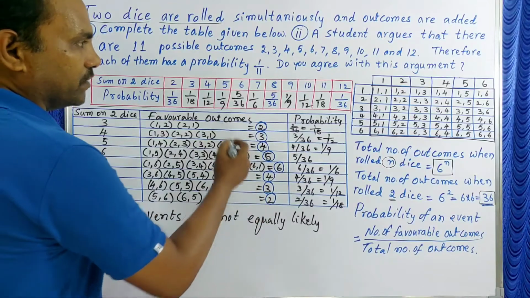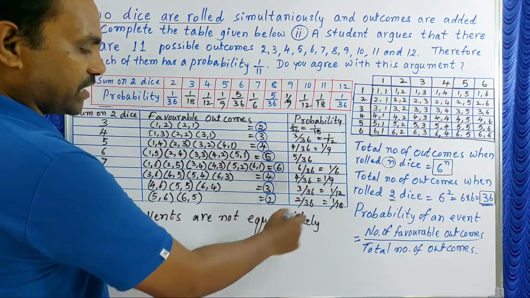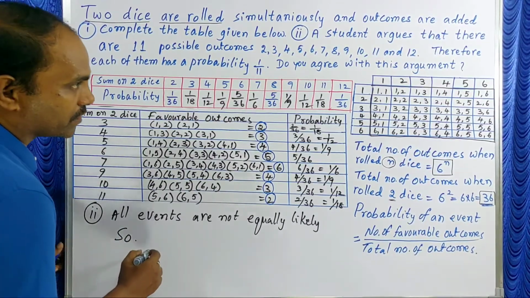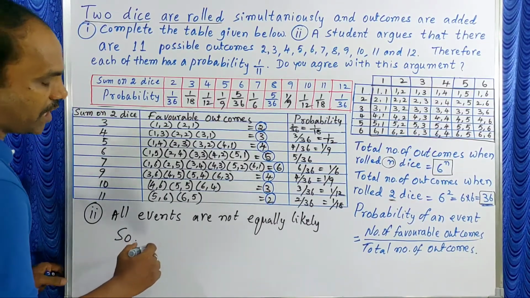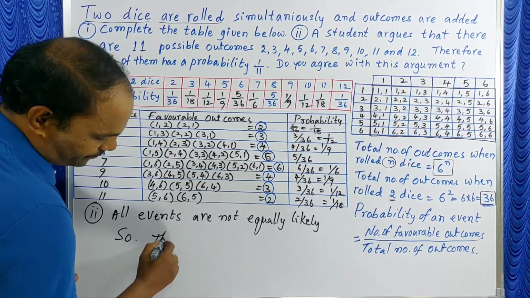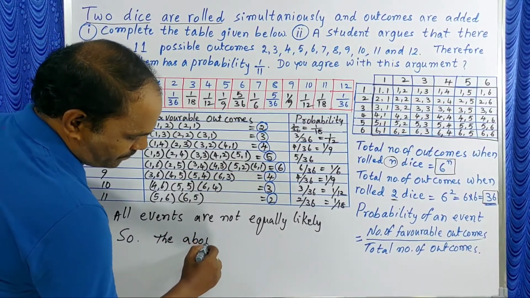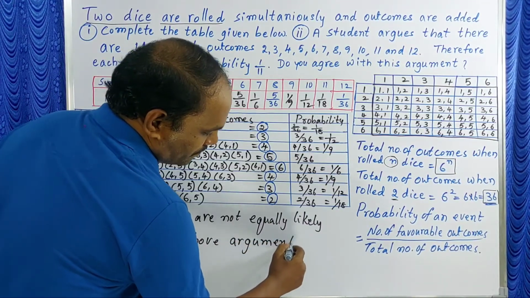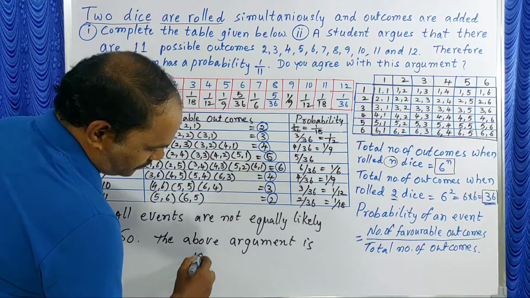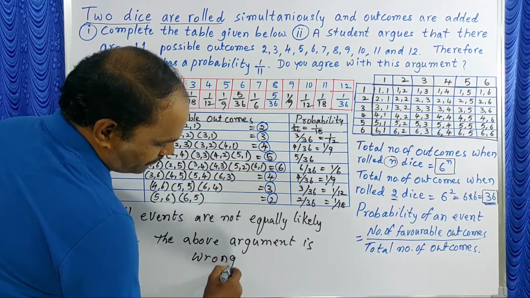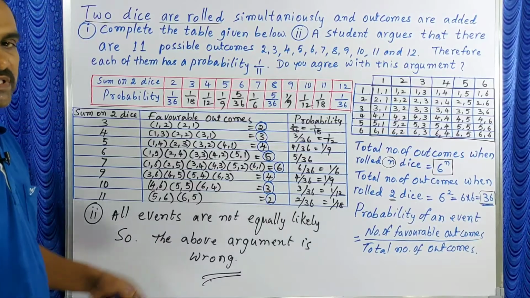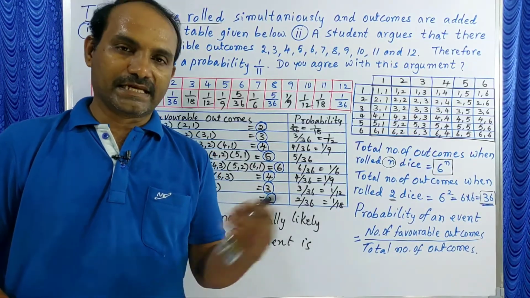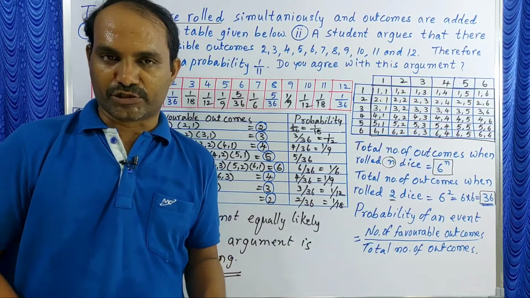So here all events are not equally likely. So the argument is wrong. The above argument is wrong. This is one more question's answer. Let us check one more question from the textbook.